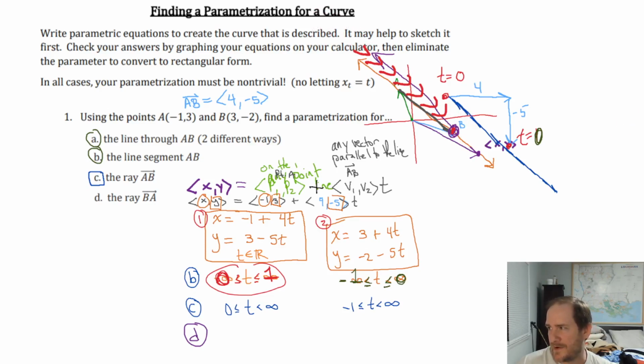A lot of people thought they would have to change that to reverse the direction of the ray, but no, you don't. We're not asking you to change direction. We're just asking you to get a different part of the line. I want the left-hand side instead of the right-hand side. So all that means is letting t's come up from -infinity and stopping at the t value that's associated with B, which was 1, wasn't it?